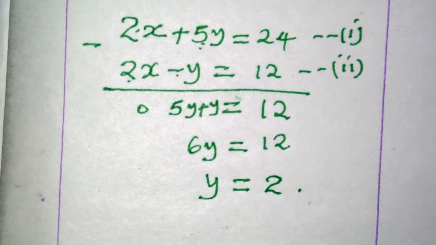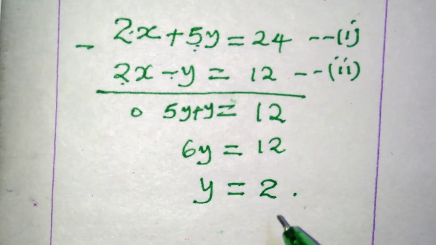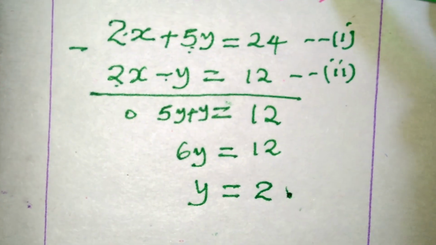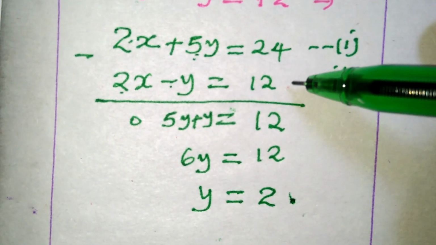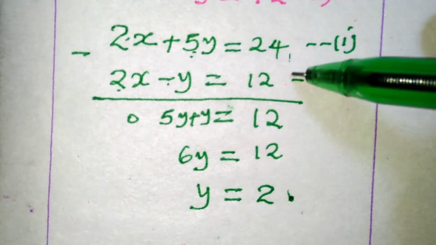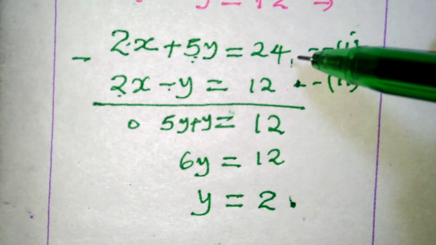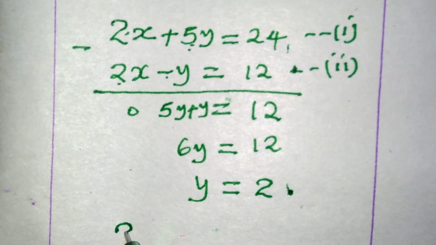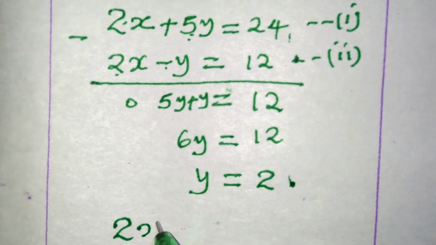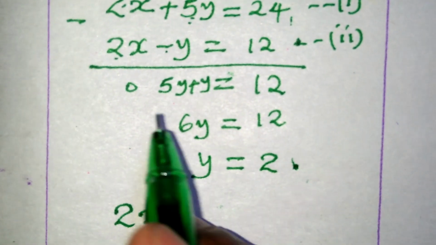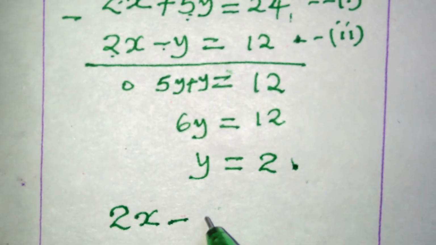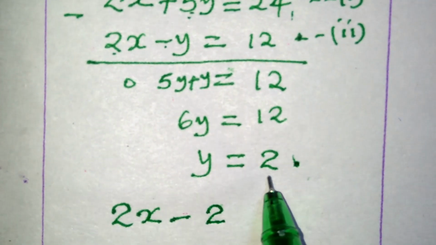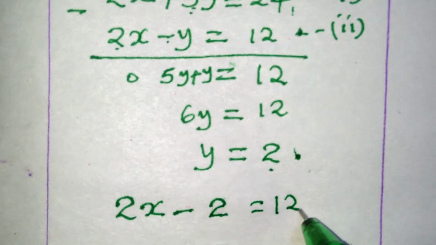Now that we have the value of y, we can substitute it into the original equations. It's important to substitute it into any of these two equations. For instance, if we substitute it into equation 2, we end up with 2x minus, in the place of y we write 2, is equal to 12.